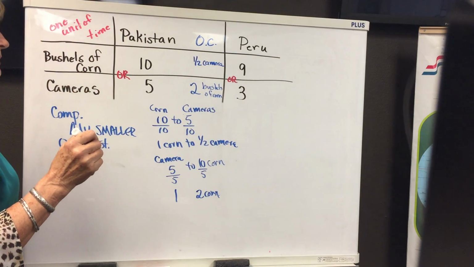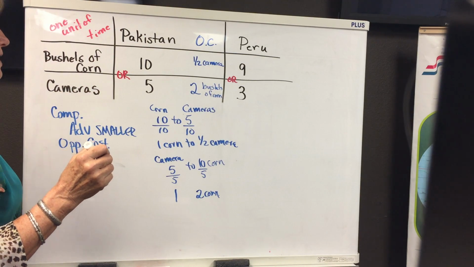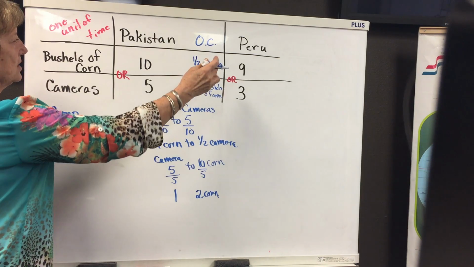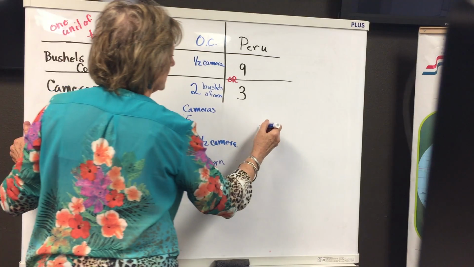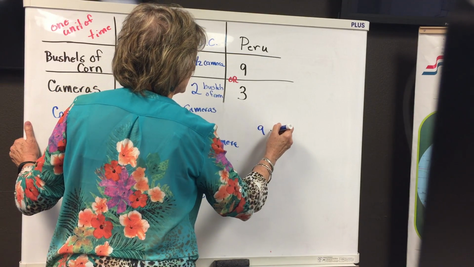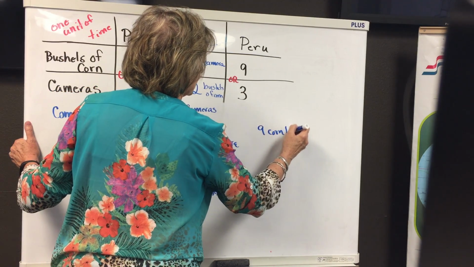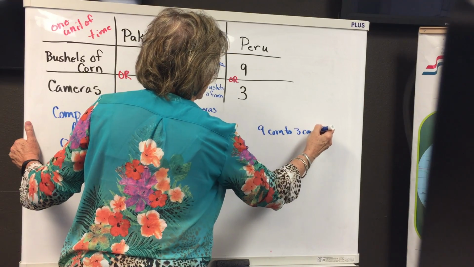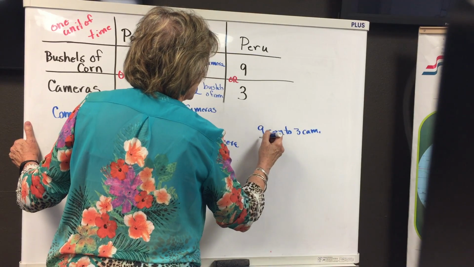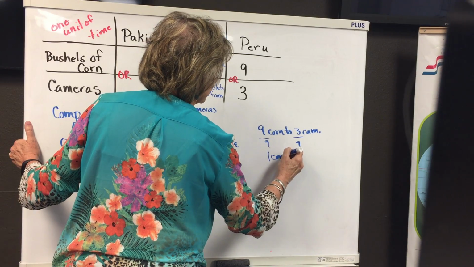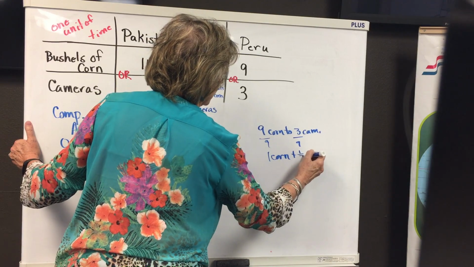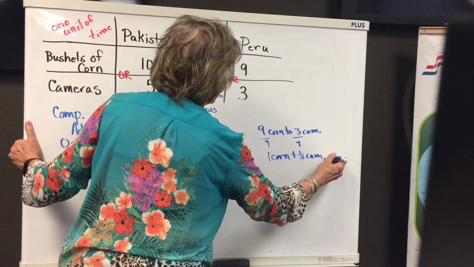And we're going to do the same thing for Peru. We're going to try to find the opportunity cost for 1 bushel of corn, and our ratio is 9 bushels of corn to 3 cameras. So we're going to reduce that so that we have 1 bushel of corn to 1/3 of a camera.